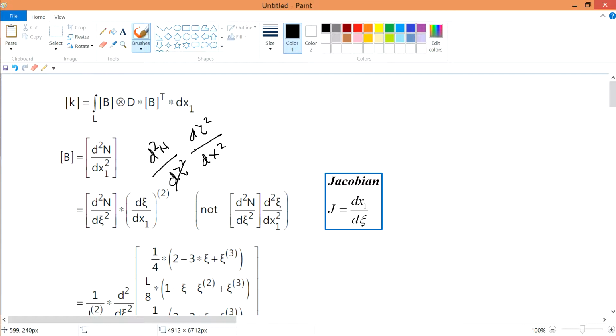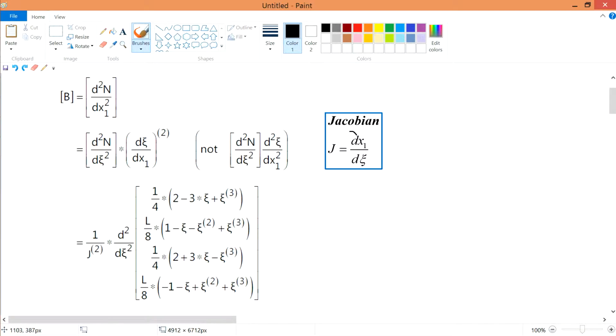So you cancel, because all the squares are outside now, and you're left with the x², which is also outside. I think you get what I mean. So be very careful of how you write this term.